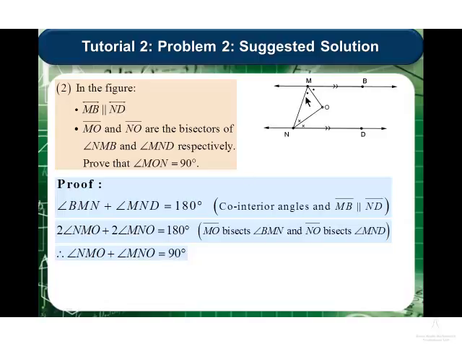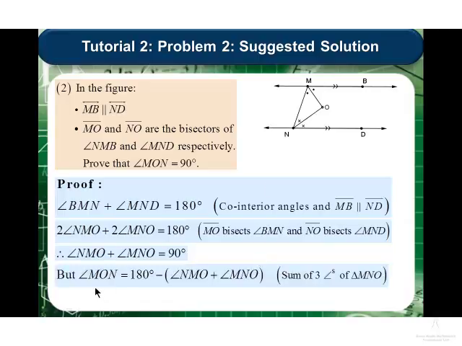So this is really the sum of the two interior angles of the triangle MNO in such a case. So the sum of these two interior angles is 90 degrees. But we know that the sum of the interior angles of a triangle, all three of them, is always equal to 180 degrees. This is the result that we have seen earlier.